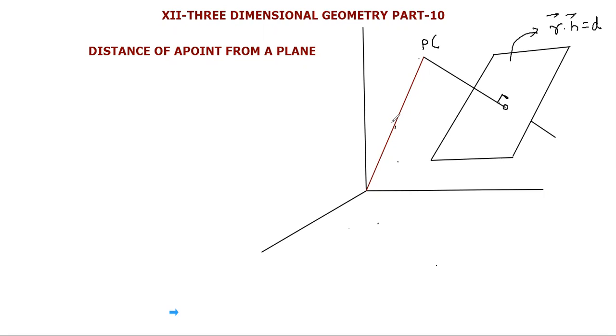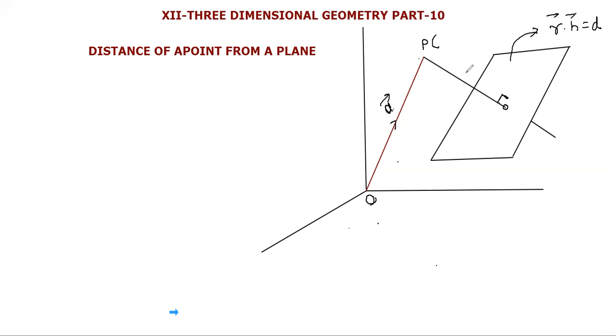First, we will do the vector form. So OA, we can take this as A, P or A, no matter. So this is vector A. Position vector of point P is vector A, and this is the plane.